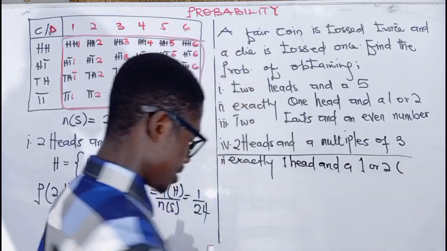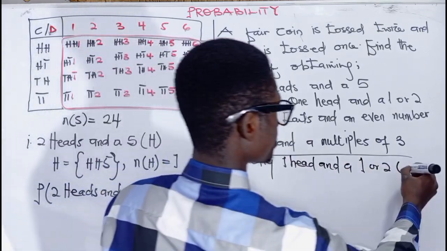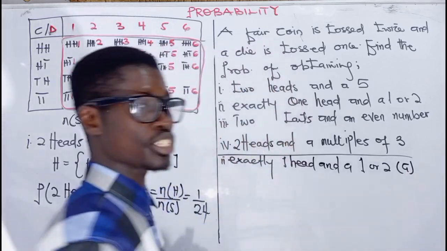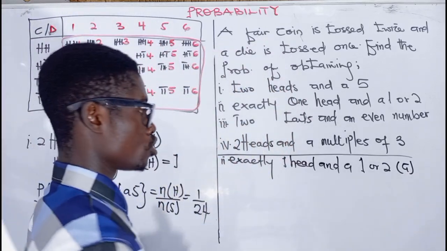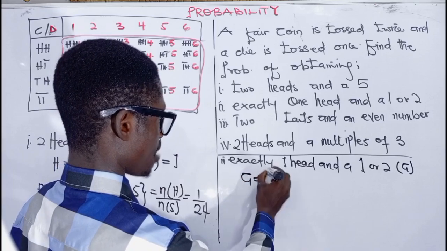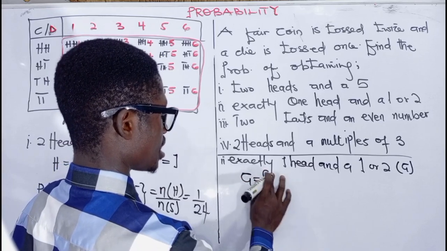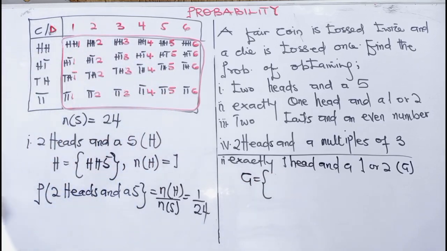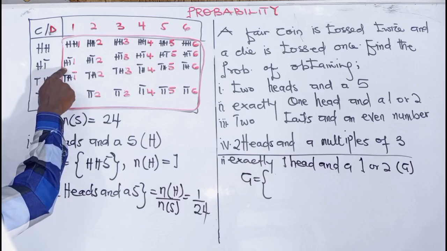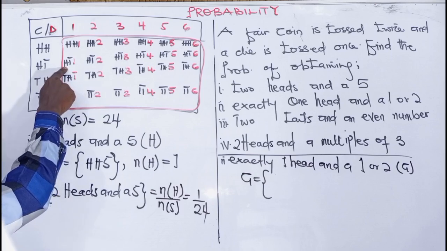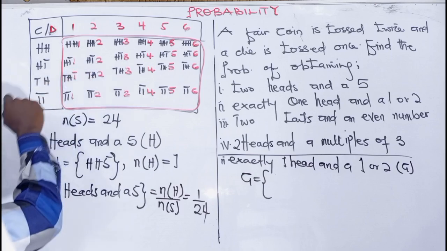So let's use the letter J to denote the event of obtaining exactly 1 head and a 1 or 2. We have to list all the outcomes in this event. We are talking about 1 head and the number 1 or 2. So we have 1 head here, 1 head here. So we have 1 head and then the number 1 or 2.